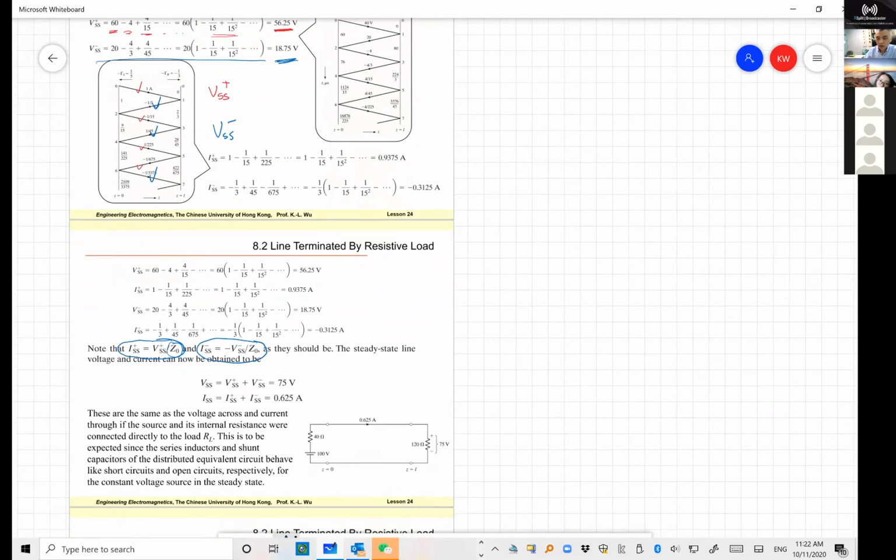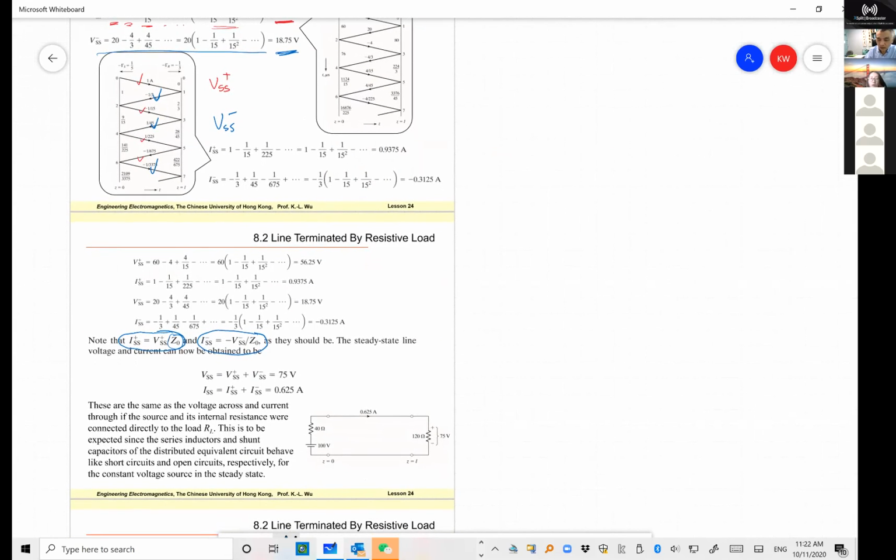And if you add the steady state in two directions, that is the total voltage across. This is the total steady-state voltage. No matter where you measure it, it's the same.